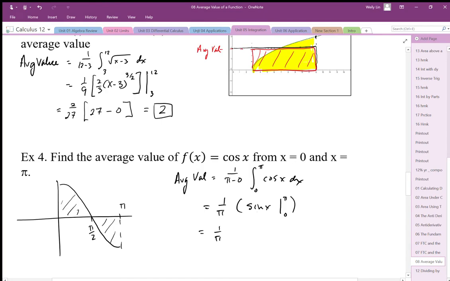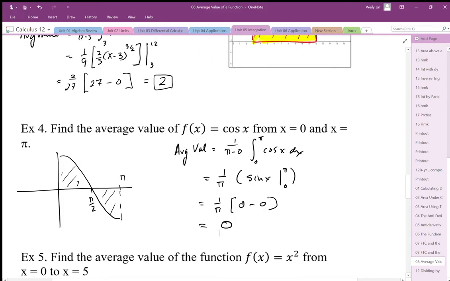Sine of pi is 0, sine of 0 is 0, so I get a net area of 0. If the net area is 0, the average height of this graph must also be 0. So dividing by pi is not going to affect the numerical value.